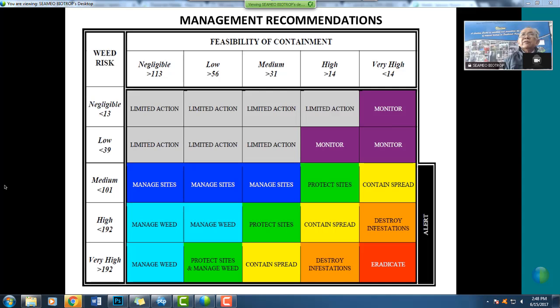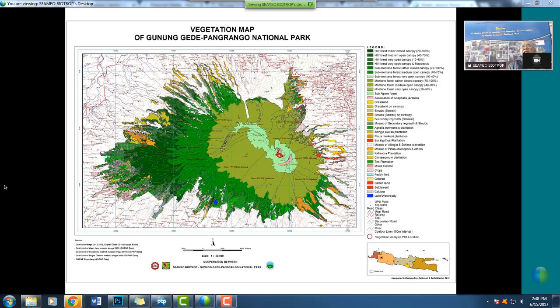When the weed risk is very high, and feasibility of containment is also very high, the species will be given first priority to be eradicated. So this is not only giving you a priority, but also recommending what actions should be taken when you do the risk analysis. Next slide, please.